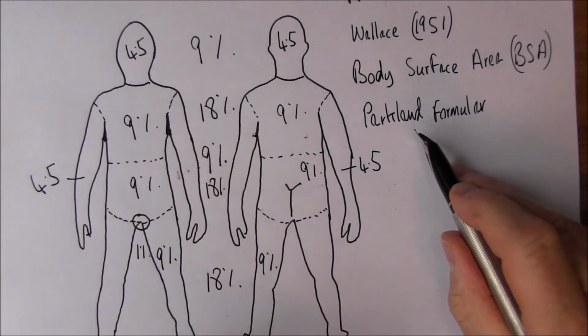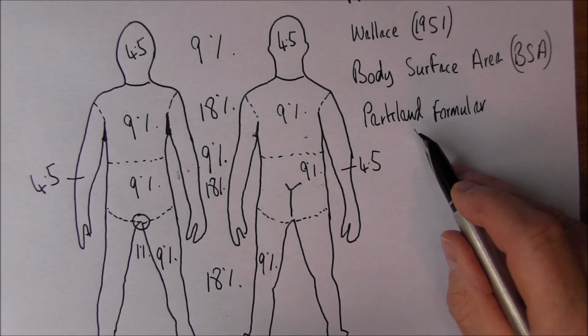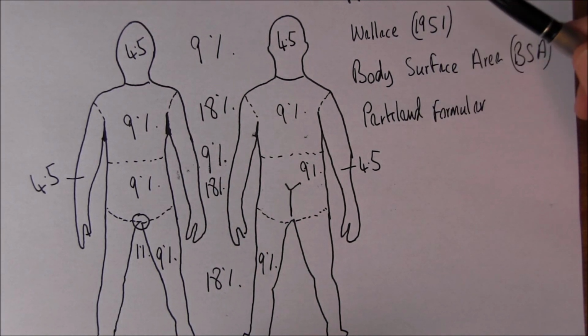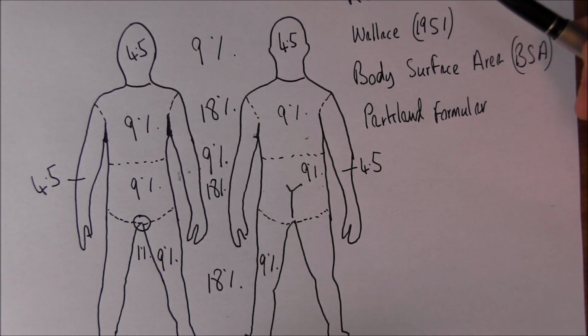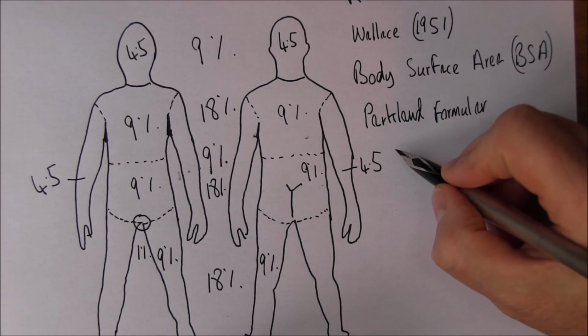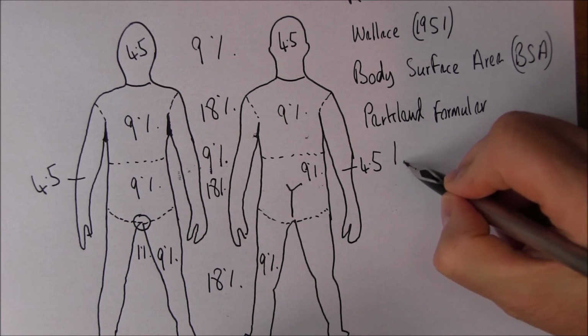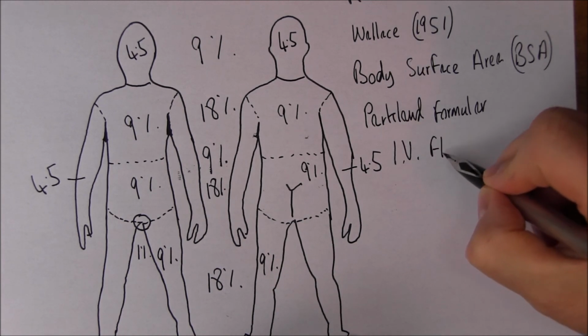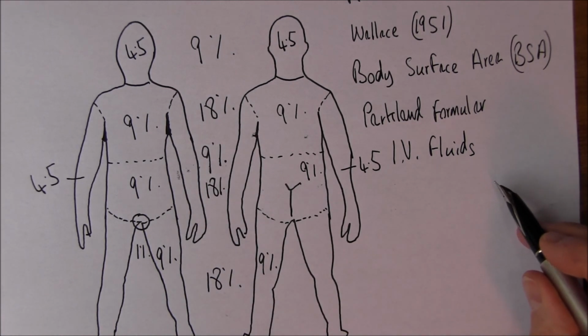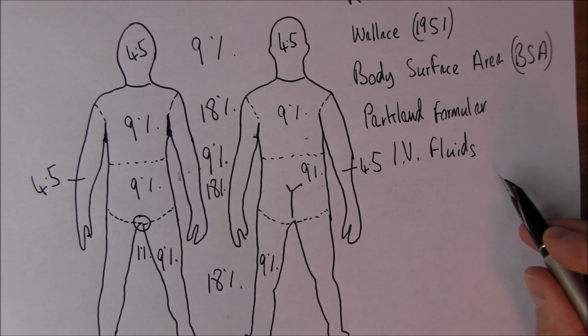Named after the Parkland, I think it's the Parkland Memorial Hospital in Texas, where this was developed by Dr. Charles Baxter, sometimes called the Baxter model, but usually we call it the Parkland formula, because we're going to need to maintain good hemodynamic stability with IV fluids after significant burns, normally starting with Ringer's lactate, what we call Hartmann solution.